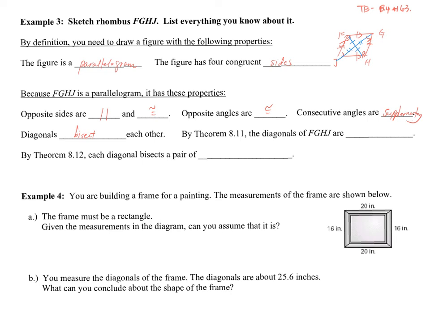And by theorem 8.11, the diagonals of FGHJ are perpendicular. And by theorem 8.12, each diagonal bisects a pair of opposite angles. So remember, this angle will be congruent to this angle, as well as this one and this one.